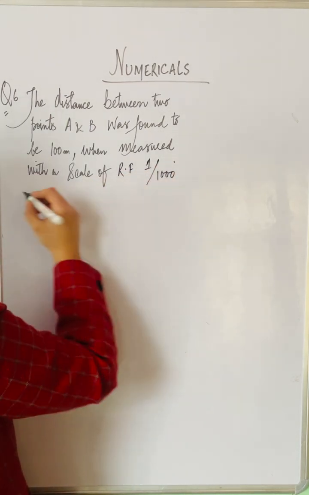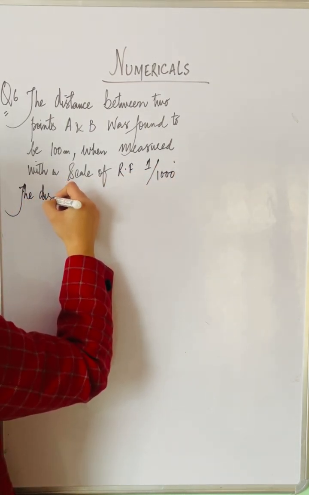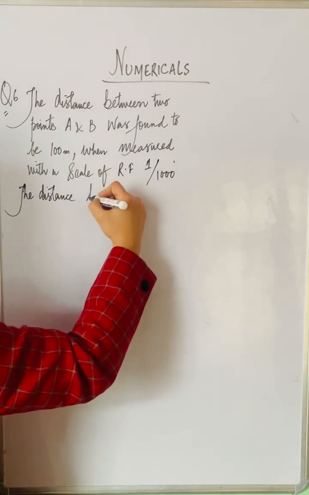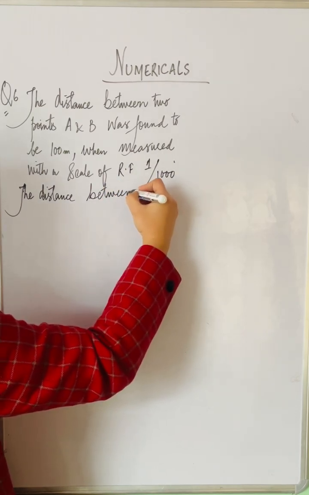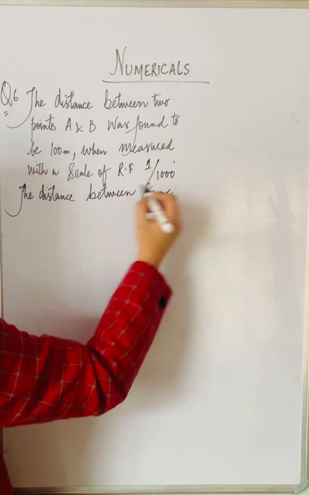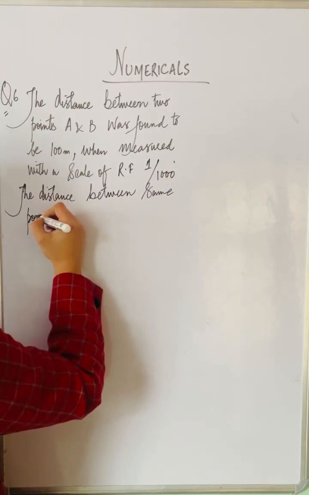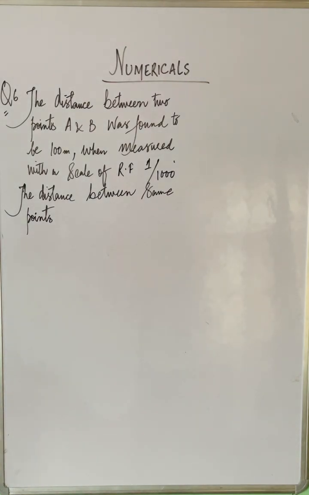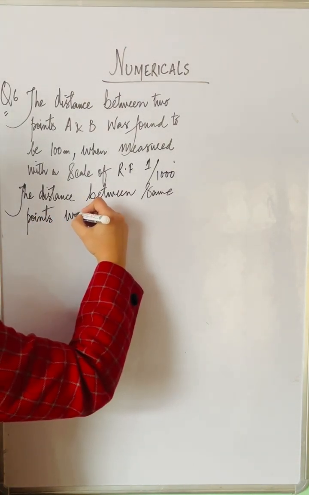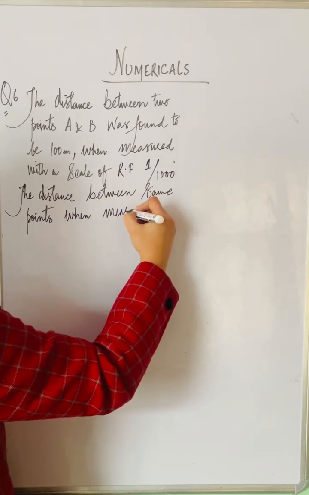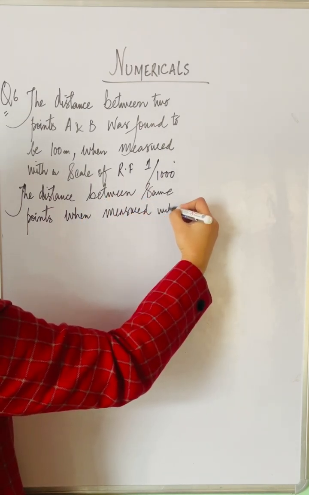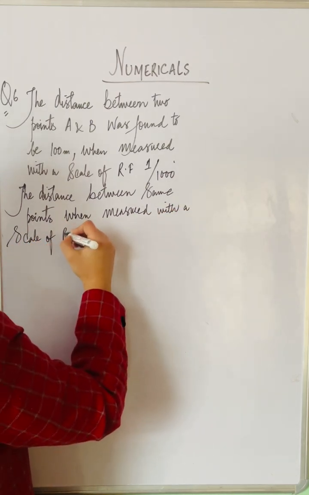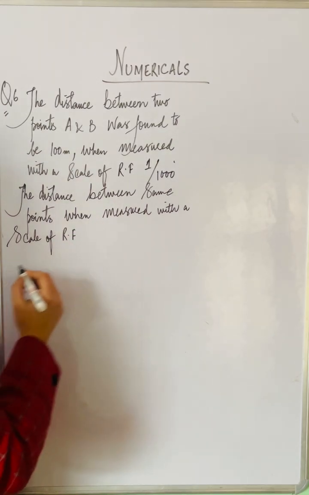The distance between the same points when measured with a scale of representative fraction 1 by 500 will be.